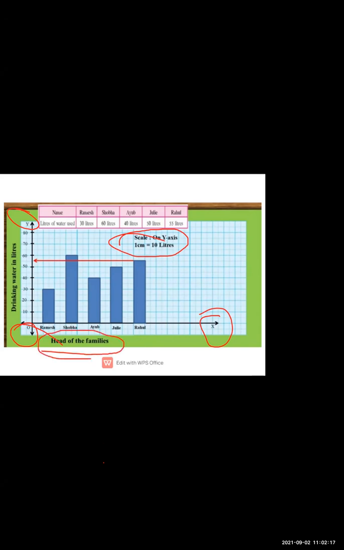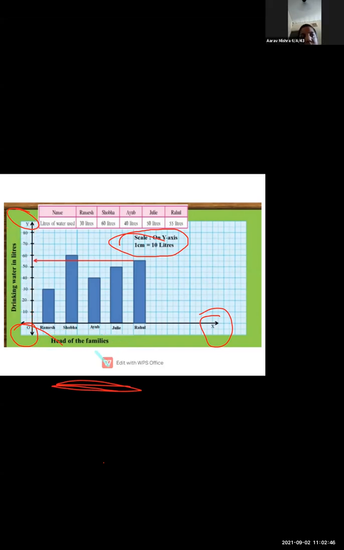And what are we finding? Are we finding it in kilos? No, we are finding the drinking water in liters. You will write drinking water in liters on the y-axis, because liters are on the vertical line, so you write it on the vertical line only.